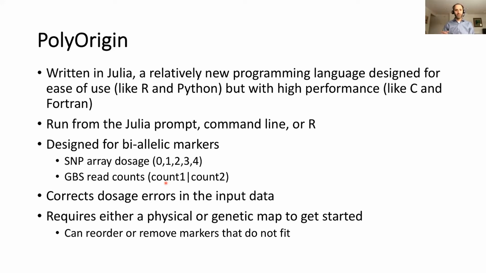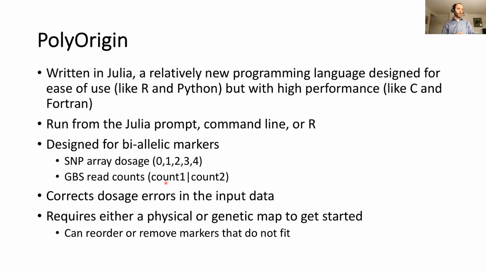It can have some errors, but it's fairly good quality, or you've already done some mapping with one of these other packages, and you may merge, let's say, the genetic maps from a couple of F1 populations to get a consensus map. So you want to start with some initial ordering of the markers, and PolyOrigin does have features to account for the fact that there could be errors in that ordering.